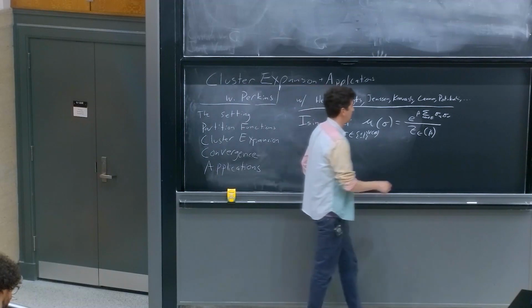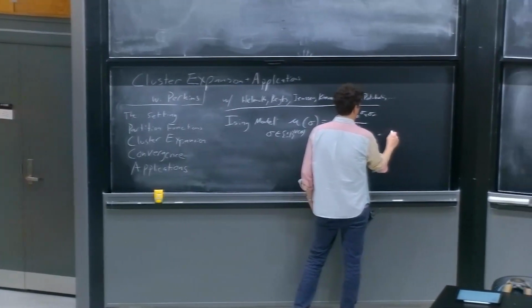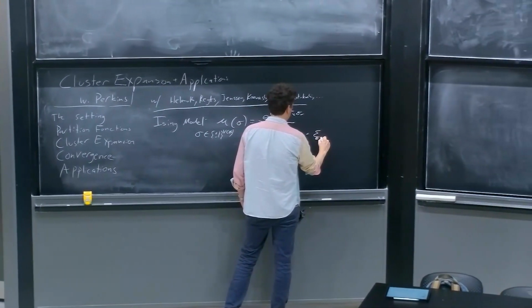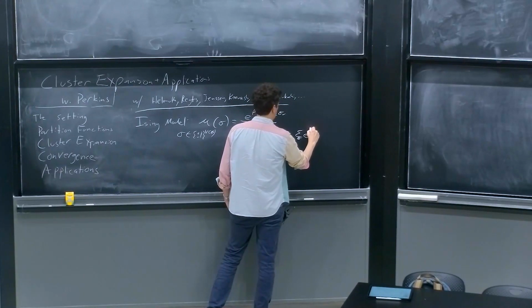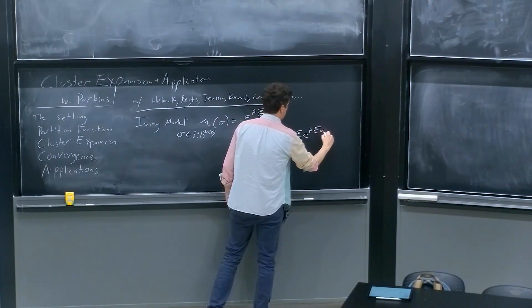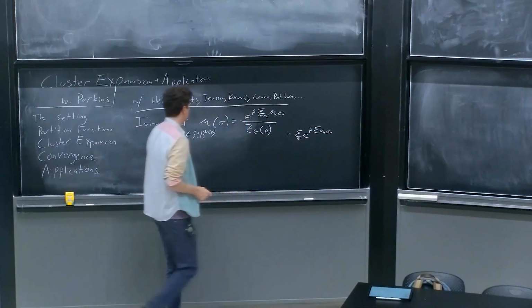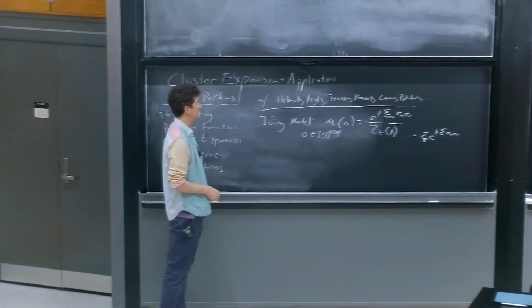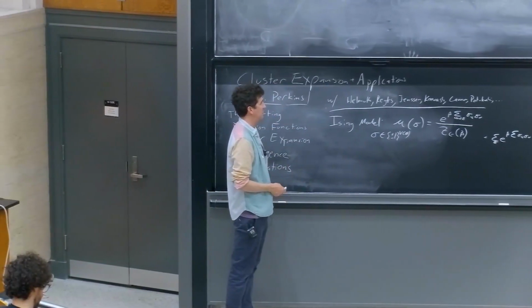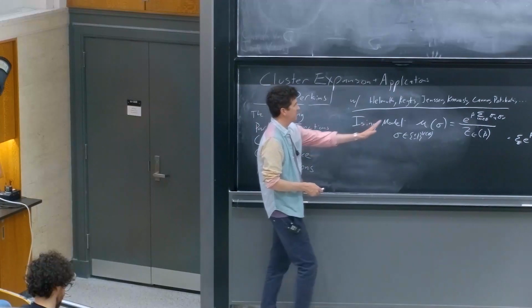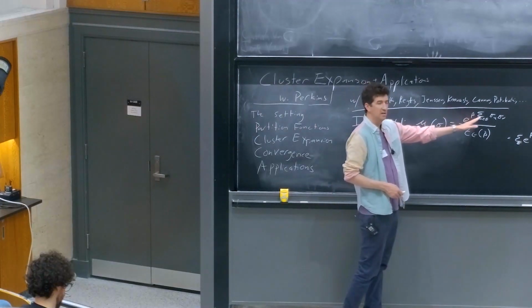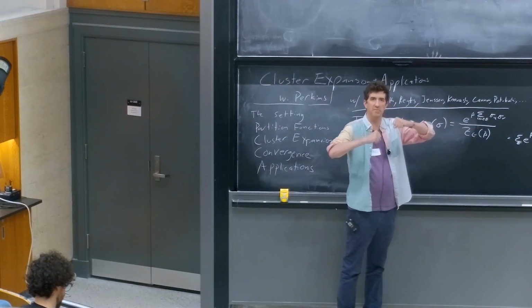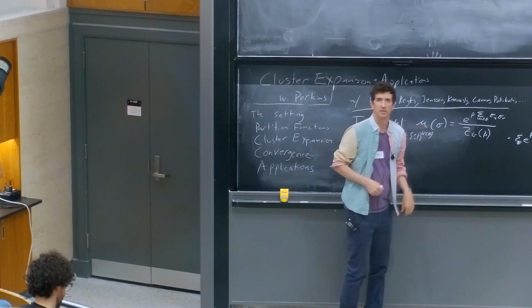And what is Z? Z is just the sum over all sigma. So this is the Ising model. If beta is positive, then you prefer to see the same spin across an edge.